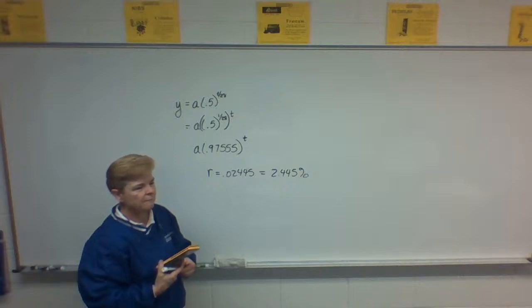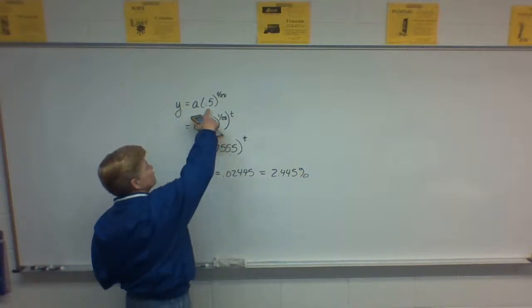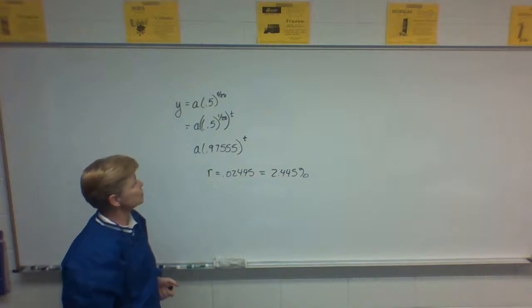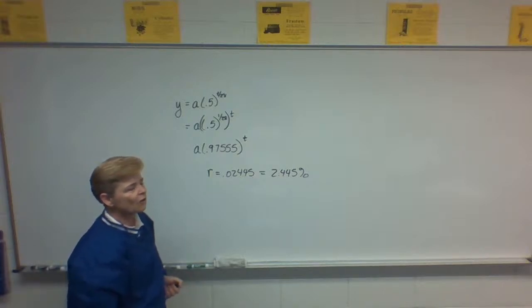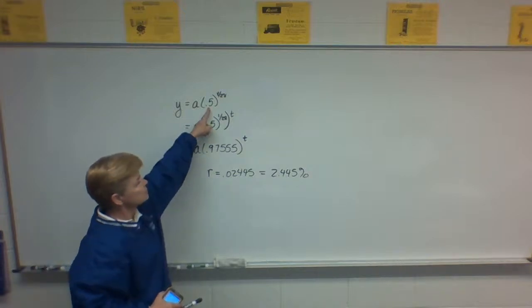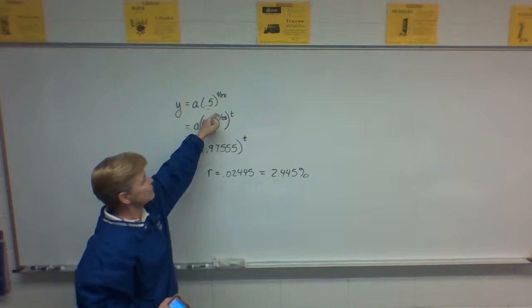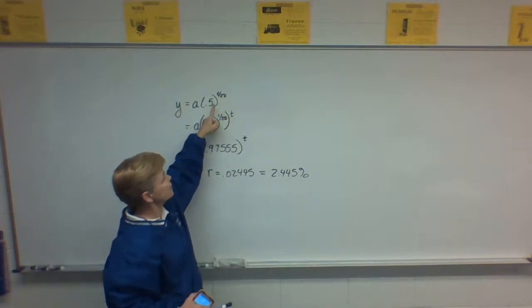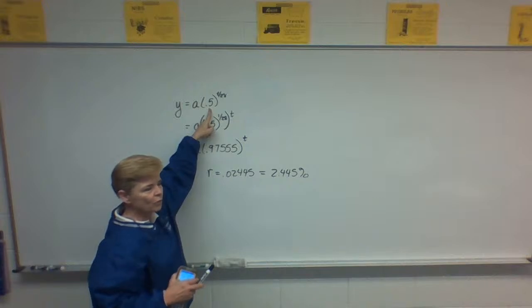Now, why in the world would they start it out this way to begin with? Have you seen in biology and some other science classes that radioactive substances are all studied according to their half-lives? The substance gets cut in half every 28 days. The amount of it left after 28 days is half of what it was 28 days before.